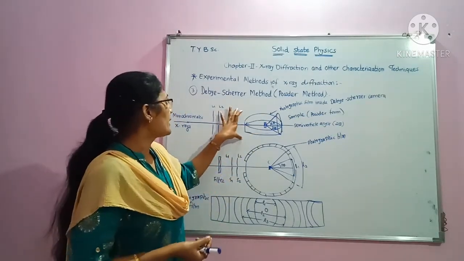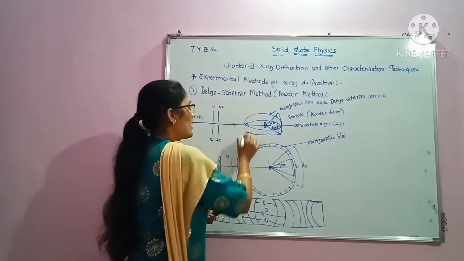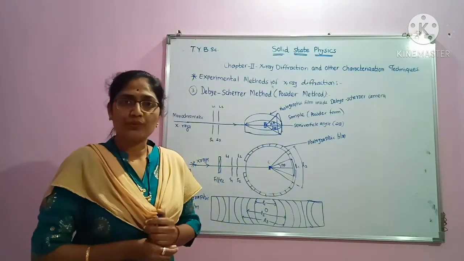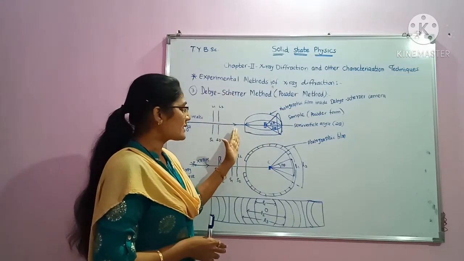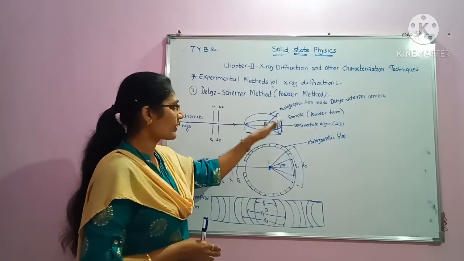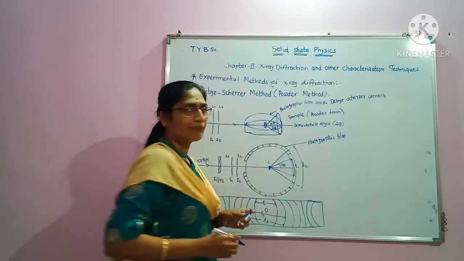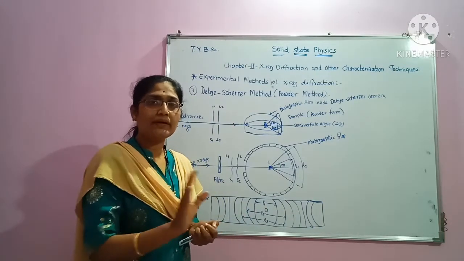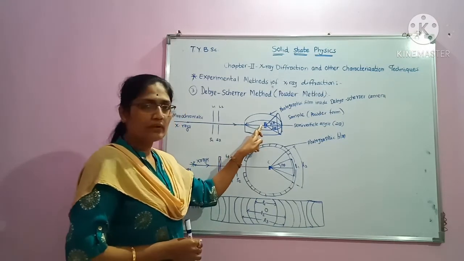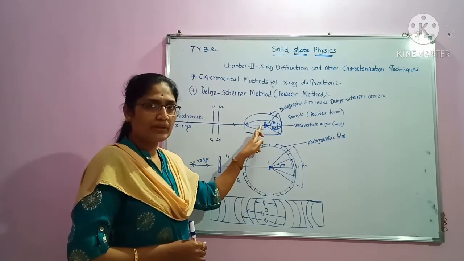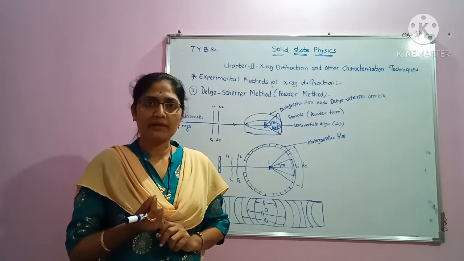Here we are in need of a Debye Scherrer camera. Here I have not shown the camera, but it is the same as what we used in the rotating crystal method. Inside that camera there is a photographic film which covers the entire internal surface of the camera, and the sample under study, that is the powder crystalline material, is attached to a hair, because hair is a non-diffracting material.